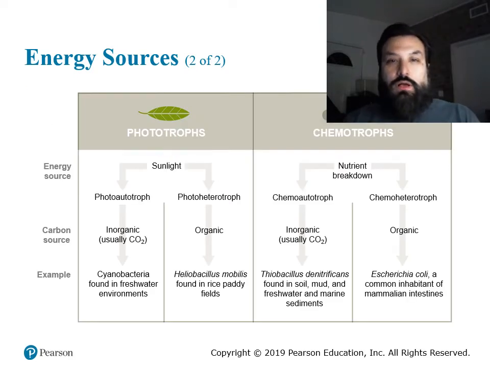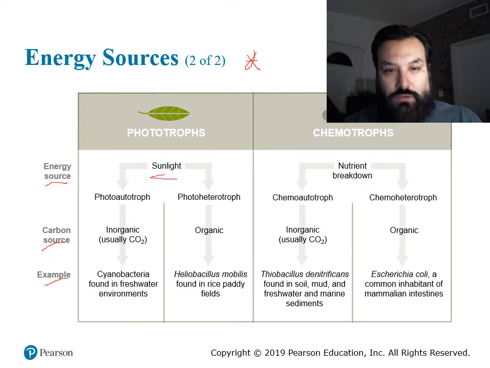Okay, so figure 7.11 is what you see here. This one is really important to study from, because it talks about each type of energy source. If you're a phototroph, you use light energy, for example sunlight. If you're a photoautotroph, you use an inorganic molecule, usually carbon dioxide, like cyanobacteria.